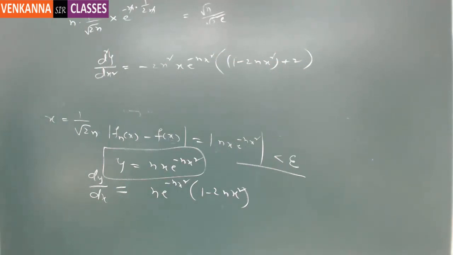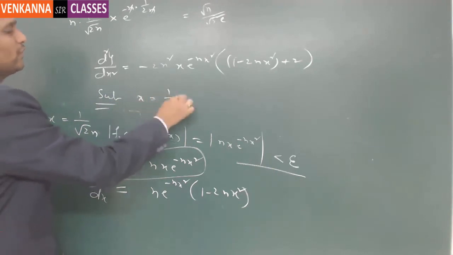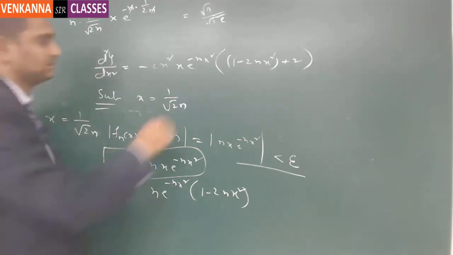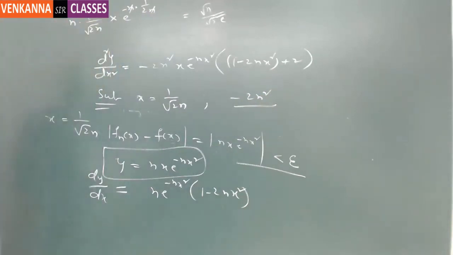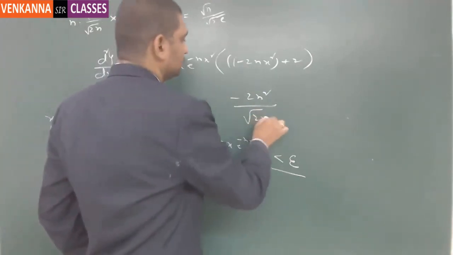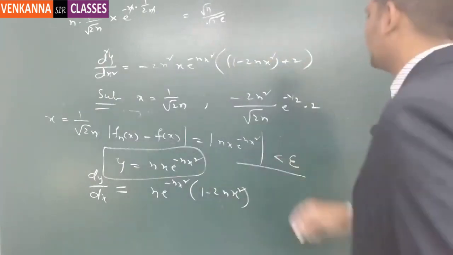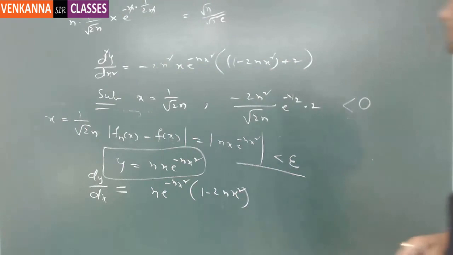So if you substitute x equal to 1 by root of 2n in the second derivative value, you are going to get minus 2n square by root 2n into e power minus 1 by 2. So since this value is negative, it gives the maximum value for us.